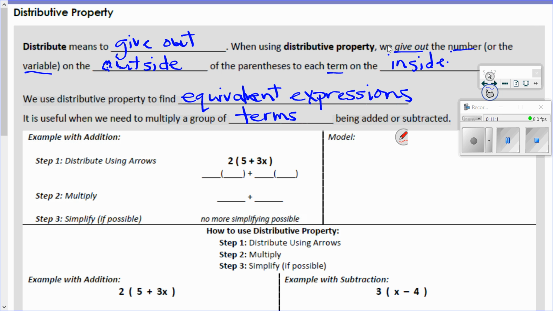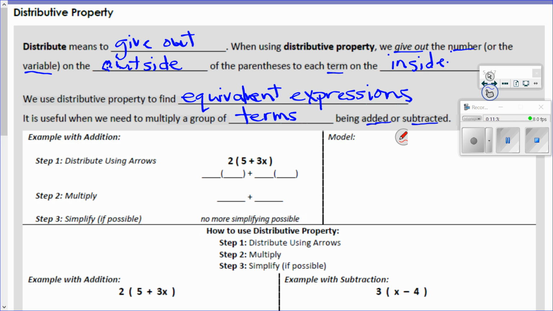So each of those is considered a term. The terms are being added or subtracted, and that's another key, guys. In this, I could add or subtract. It won't be multiplication or division on the inside. The distributive property works only with addition and subtraction.